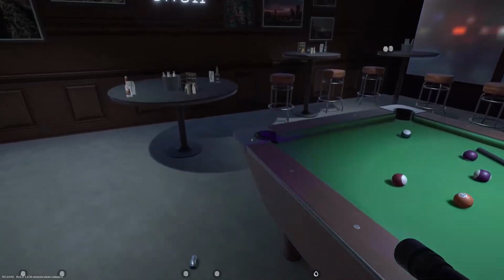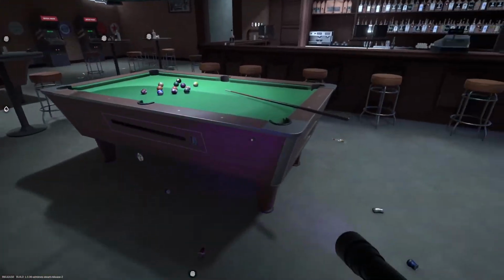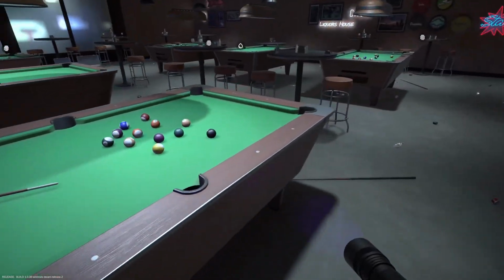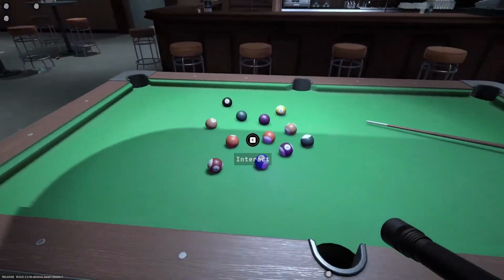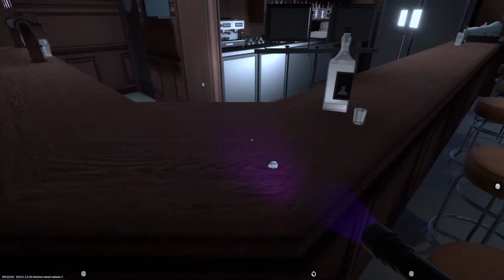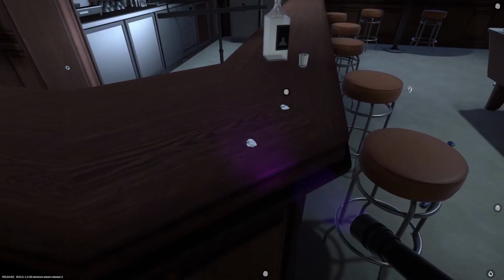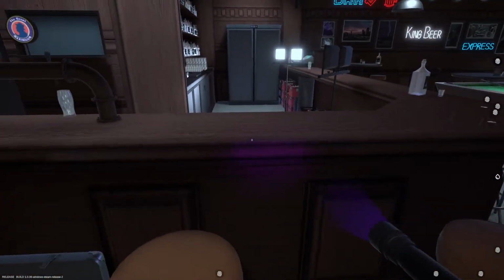No fingerprints there. We already checked that one. This should be our last pool table. It looks clean. Alright, oh yeah. Bunch of fingerprints on the bar. No surprise there.